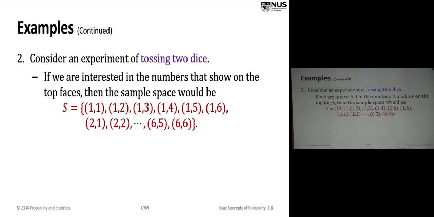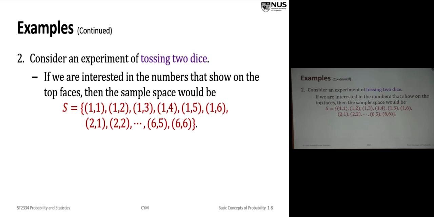I can only see one die is 1, the other die is 2. So whether it's 1, 2 or 2, 1, are they the same? It's a very tricky question. If you just look at the outcome, you can only see one die with 1, the other with 2.